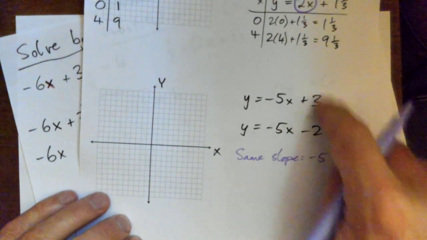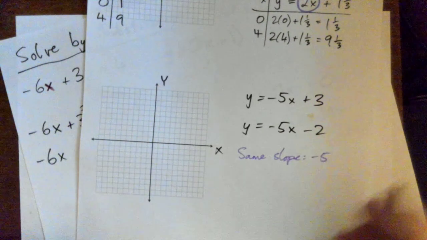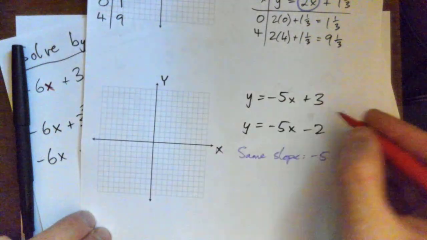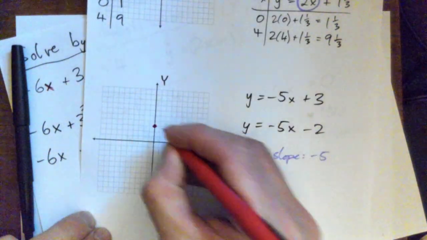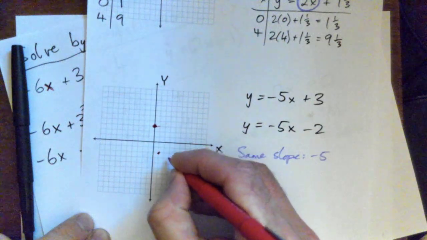So for example, we'll call this the red line, it starts at 3, and the slope is negative 5. So you go over 1, down 5, over 1, down 5, and so on. And that guy goes like that.